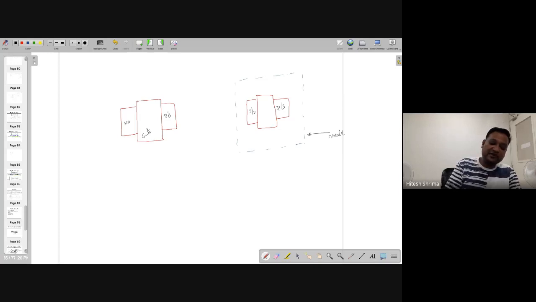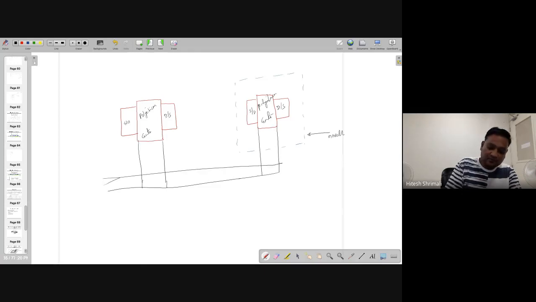Note that when you are making this, the gate is made up of polysilicon. The material here is polysilicon actually. So you have to extend this polysilicon, any one of the side, whichever you like. So I am extending here the polysilicon, and then I'm taking this and calling it the input.